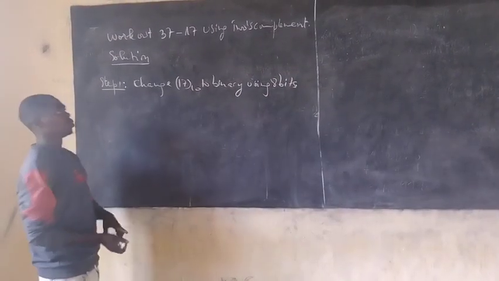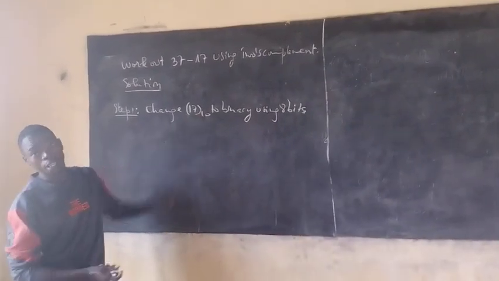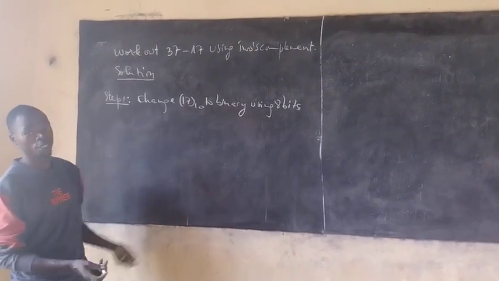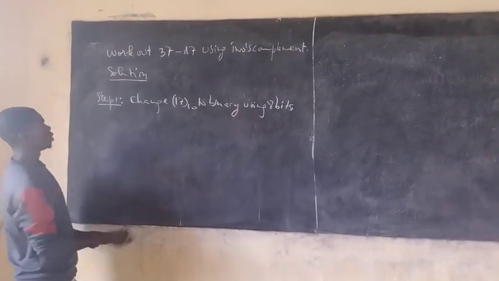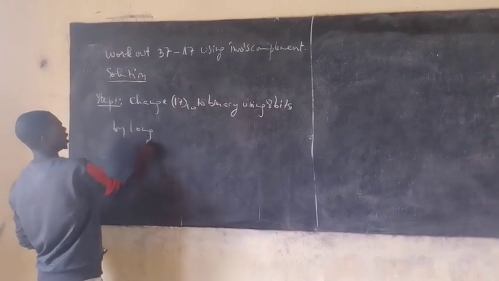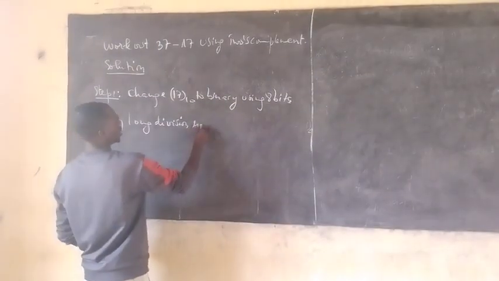To change base 10 into binary, you can use two methods: the binary division method or the place value method. For us, let us use the binary division method.